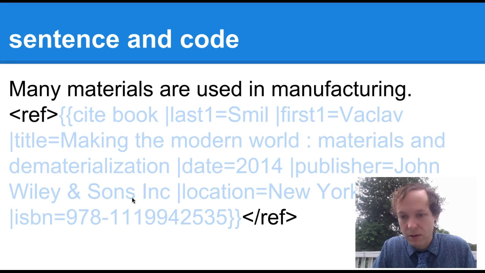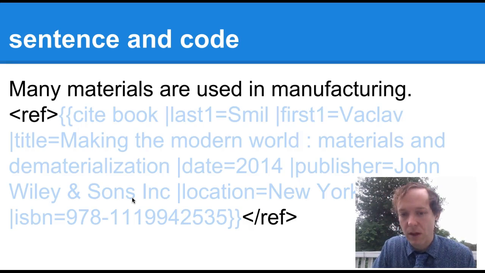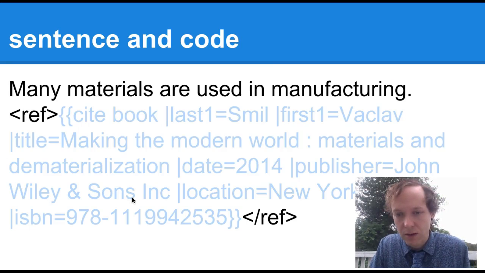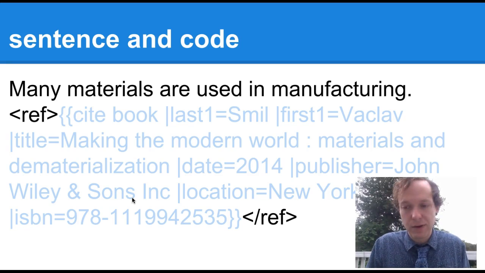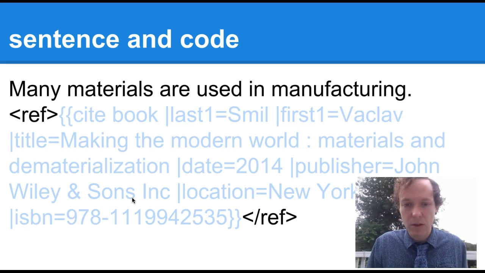But if you look, it's just some text in between these ref tags, and if for whatever reason you can't manage a citation, if you just type it out without messing with the templates, the code, just say the title of the book, the page number, maybe a URL if it's a website or something online.